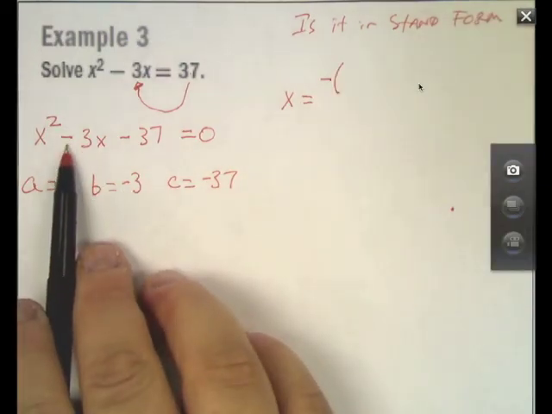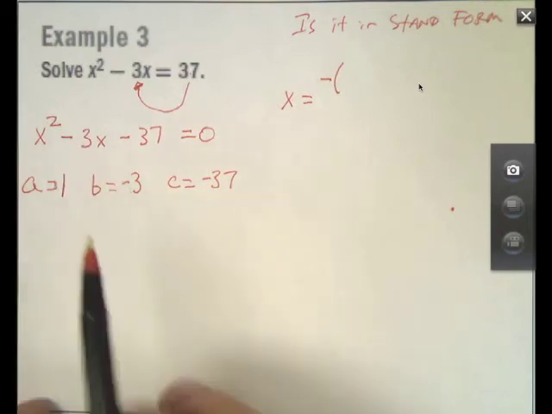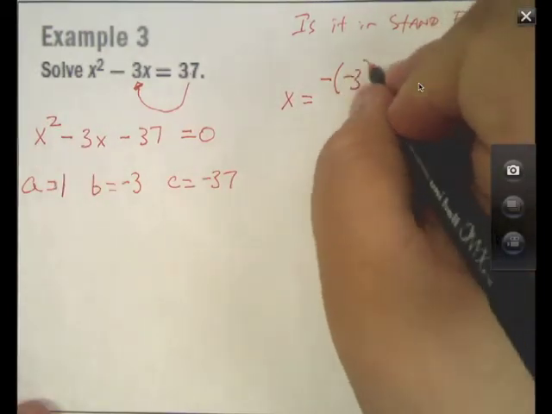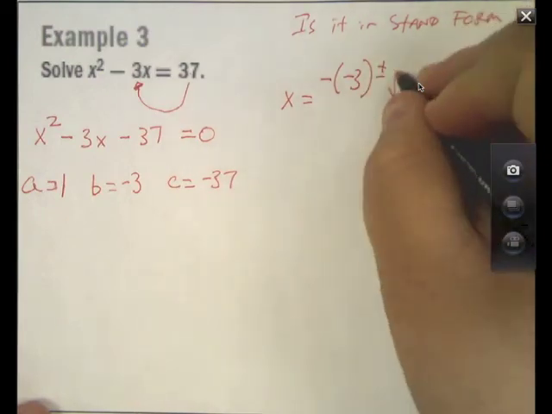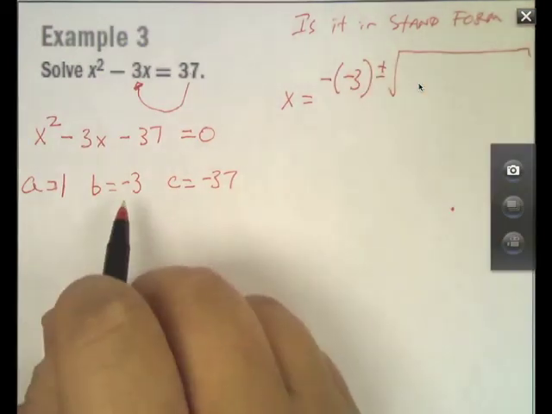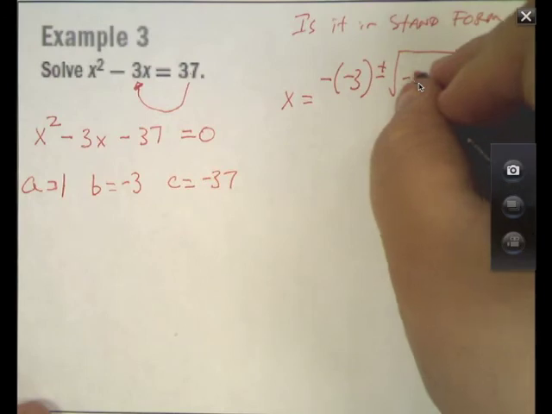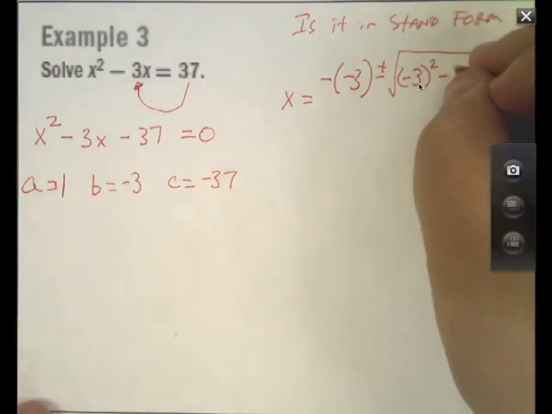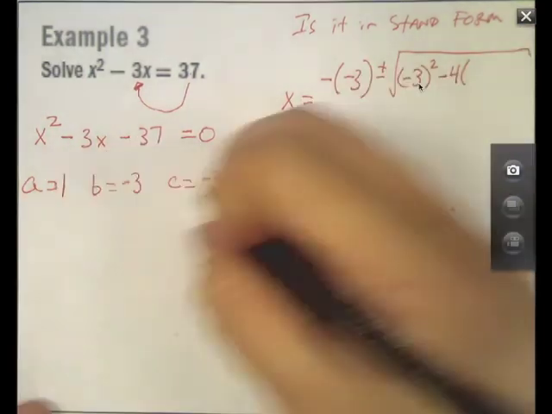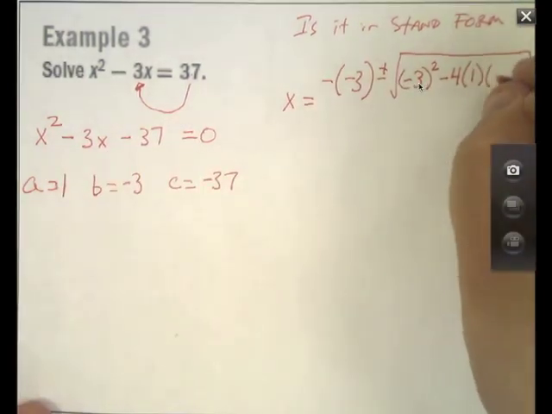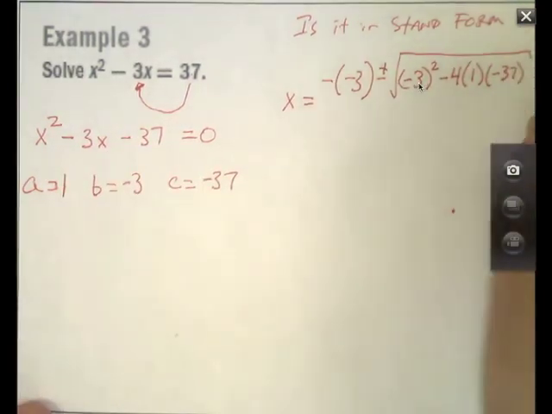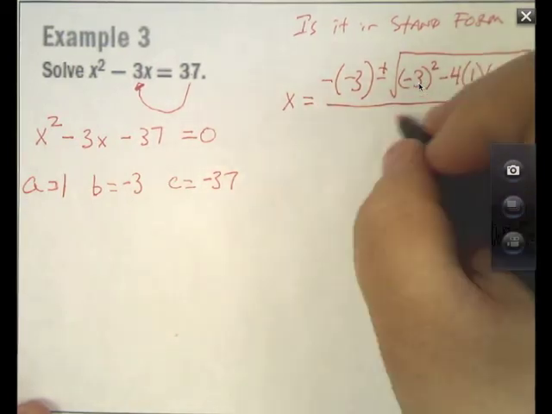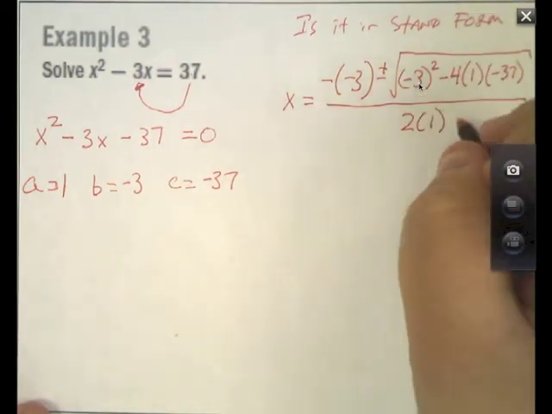Notice I had to take that sign. This was a negative 3, so I had to put a negative on it. Plus or minus the square root of b squared, negative 3 squared, minus 4 times a, which is 1, times c, which is a negative 37, all divided by 2 times 1.